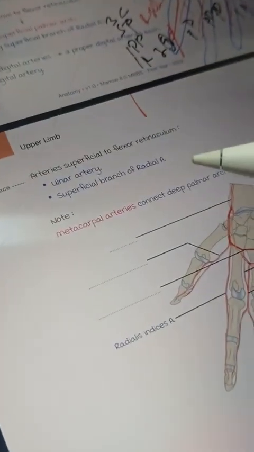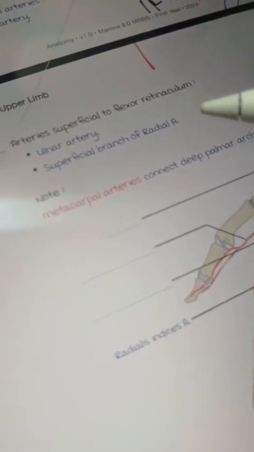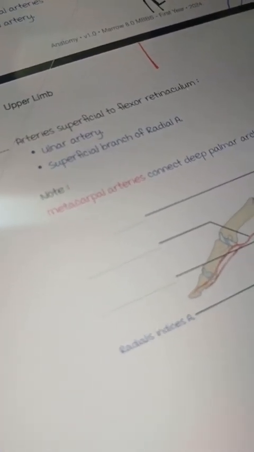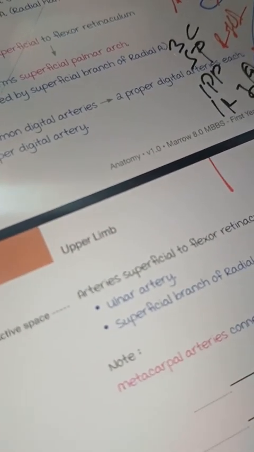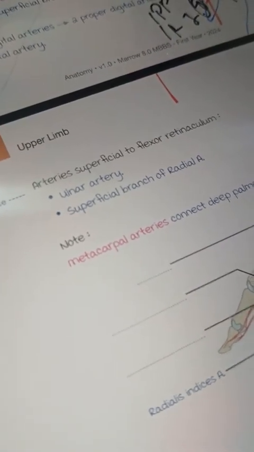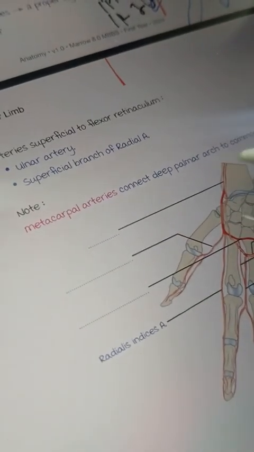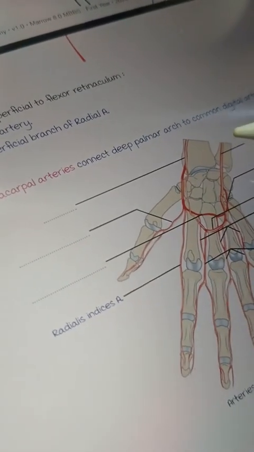Now what we have is arteries which are superficial to the flexor retinaculum: the ulnar artery and the superficial branch of the radial artery.